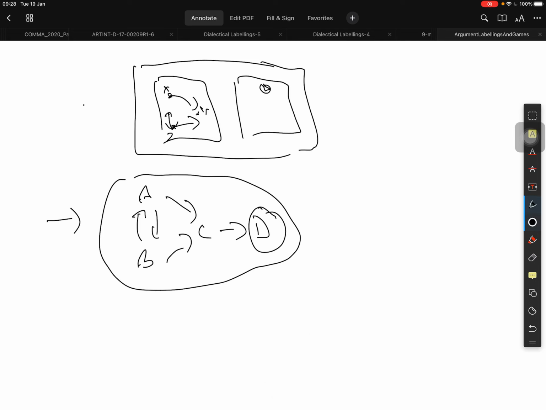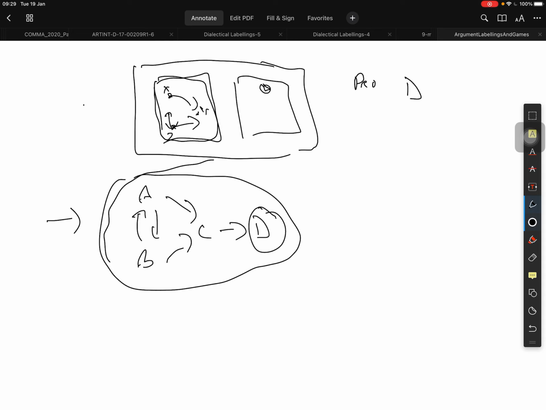We've got this framework in the argument framework window, and let's say we've got two human users, two students. One student, let's call that student proponent, pro, wants to establish whether D is in the grounded labeling of this framework.